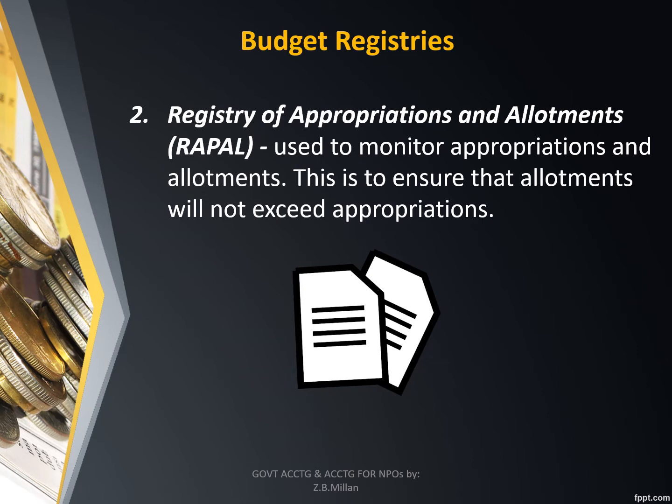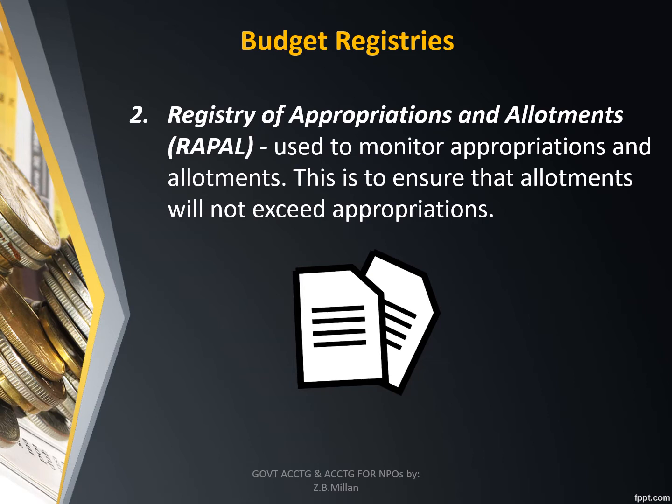So again, ang appropriation natin, ito yung amount authorized by legislative body na pwede natin gamitin for specific expenditures. So, yung ating allotment, which is the authority given by the DBM to incur obligations, shall never exceed yung ating appropriations as evidenced by the General Appropriations Act or the GAA.